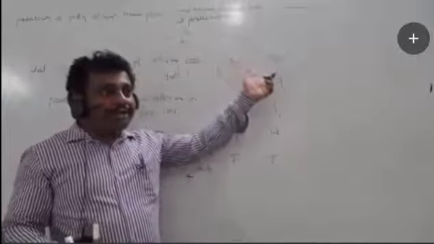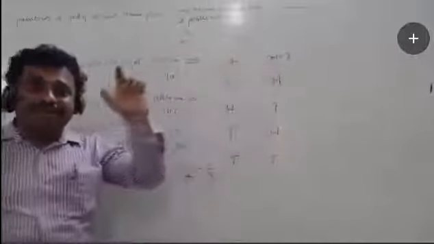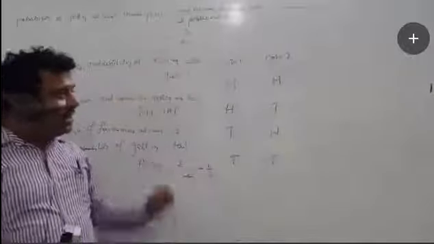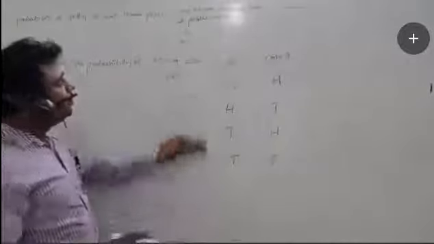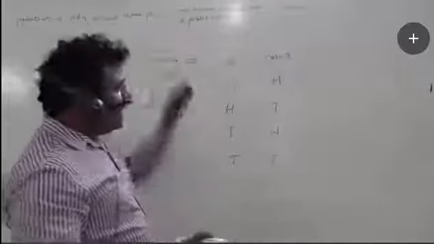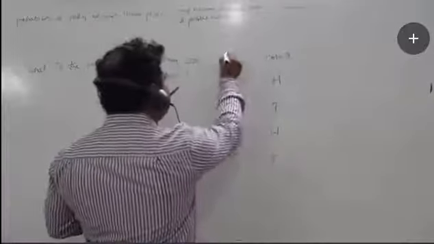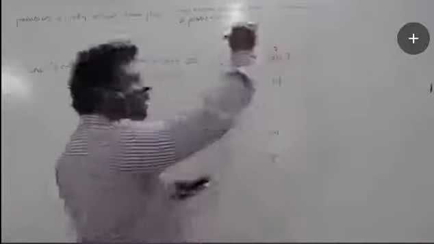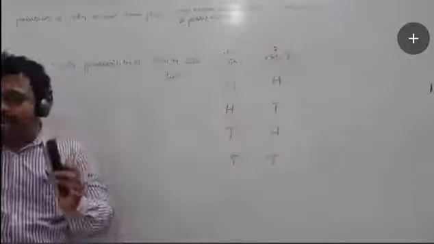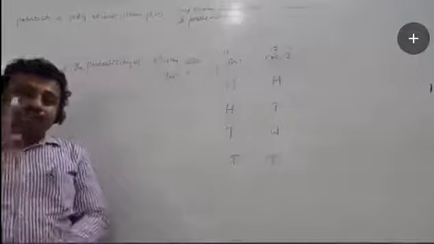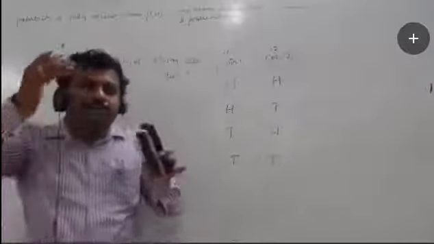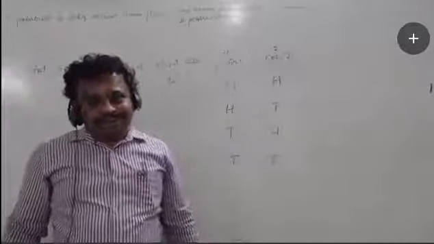This is all about if we toss 2 different coins. Suppose you toss two equal coins, that means a 1 rupee coin and another 1 rupee coin of the same type. What are all the possible outcomes? Think, students.